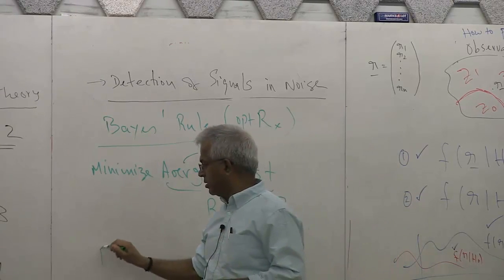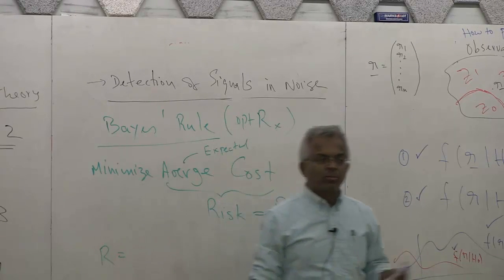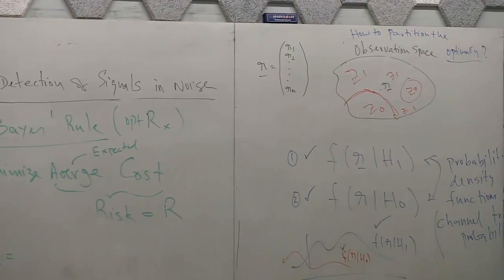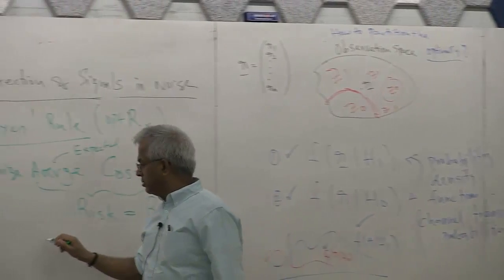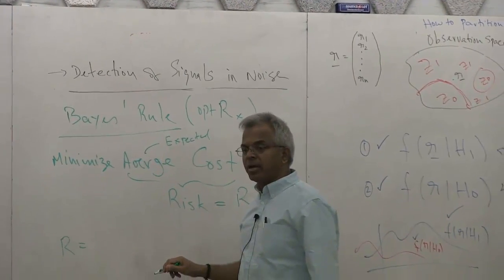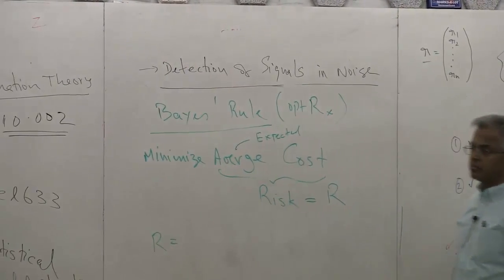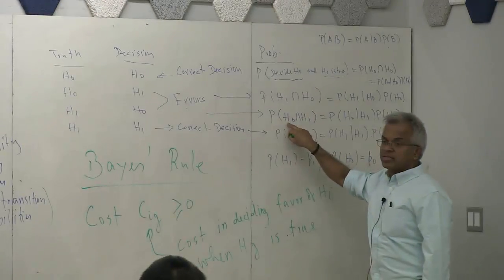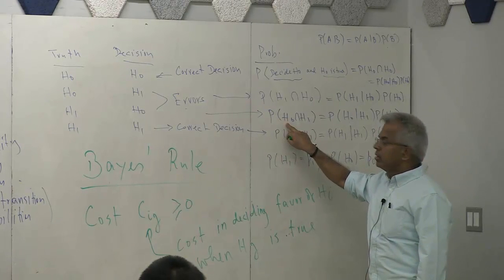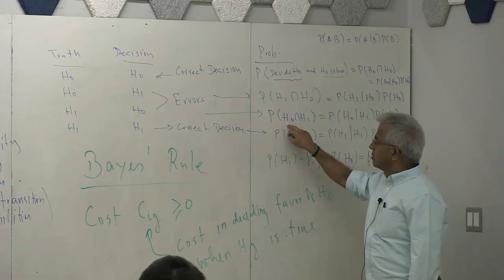So the risk is going to be, isn't it clear to you? When you transmit Hi and decide it as Hj, or the other way.